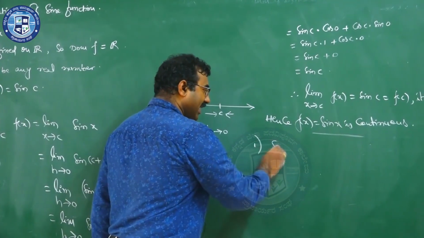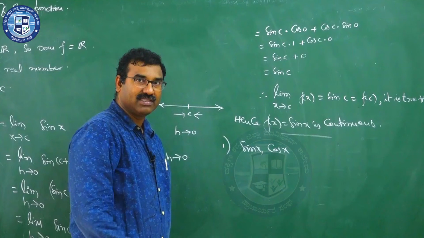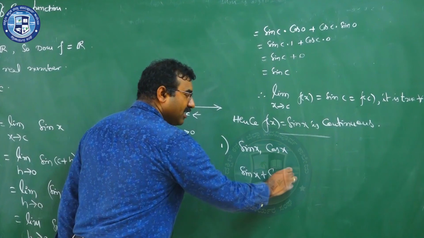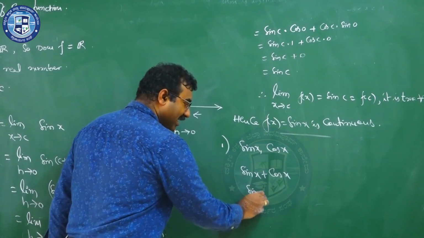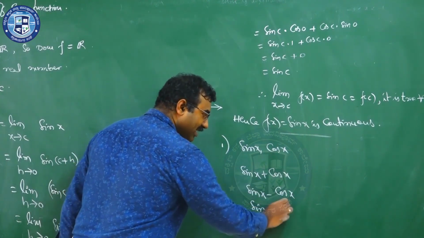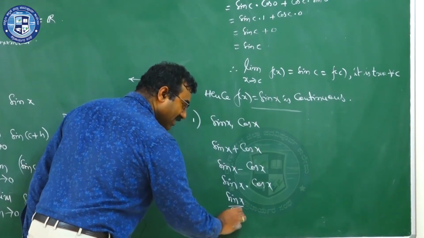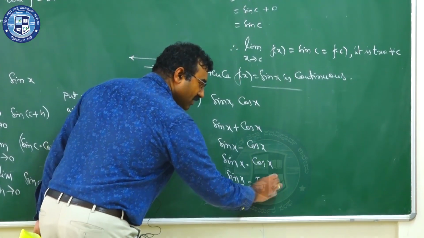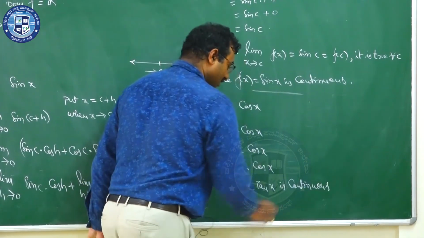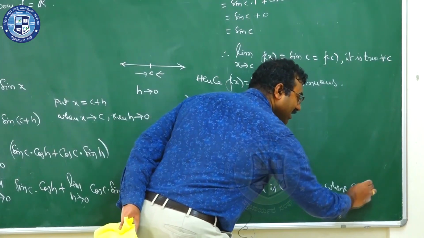So sin x is continuous, cos x is continuous, then what else can we write? sin x plus cos x is continuous. Next, sin x minus cos x is continuous, sin x into cos x is continuous, then sin x by cos x, that means tan x, is continuous where cos x is not equal to 0.